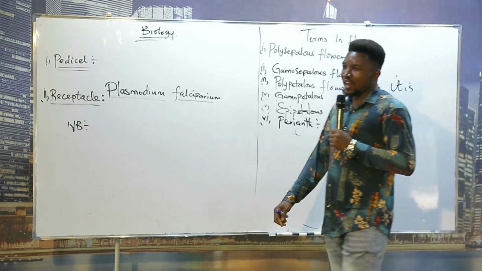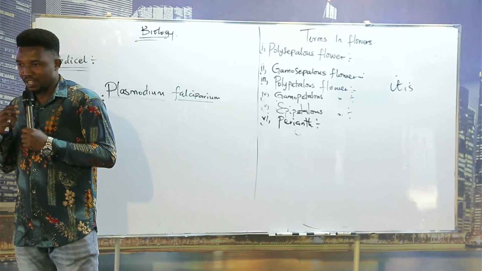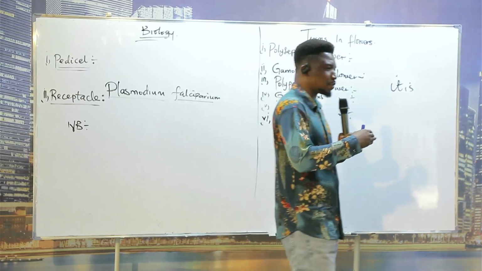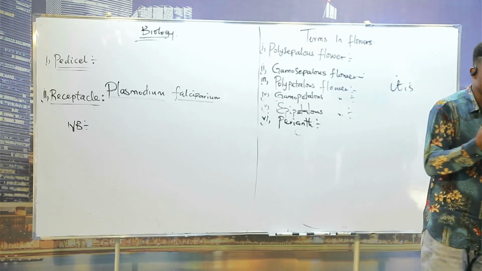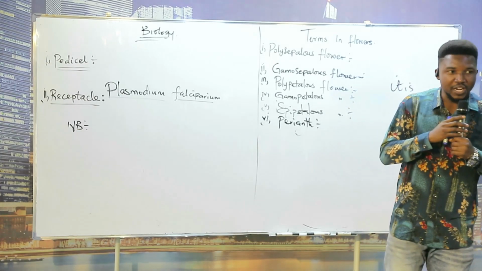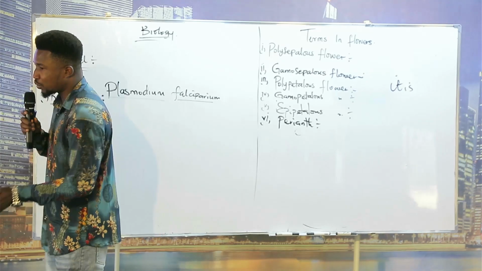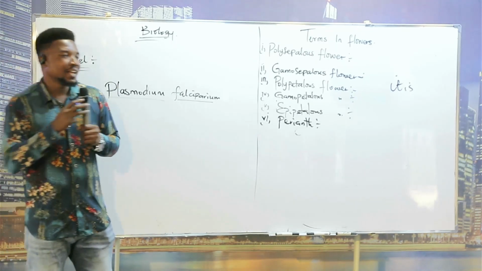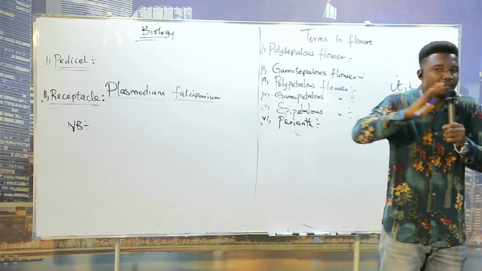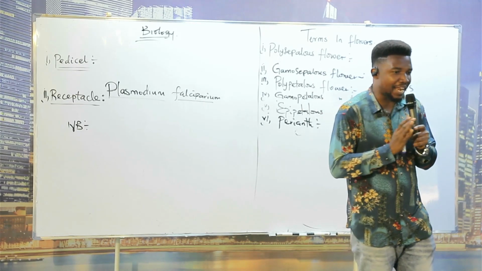Now, you already know that in a flower you can differentiate between the sepals and the petals, abi? How? Because petals can have any color, but sepal is only green in color. But in some flowers, the petals and the sepals have the same color, or most times they are fused together.